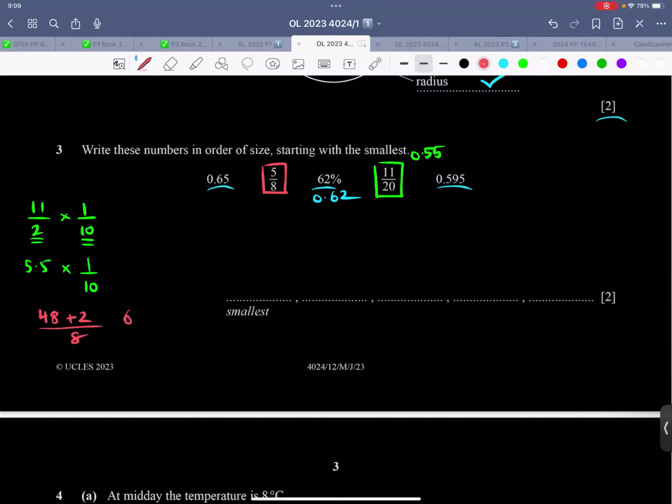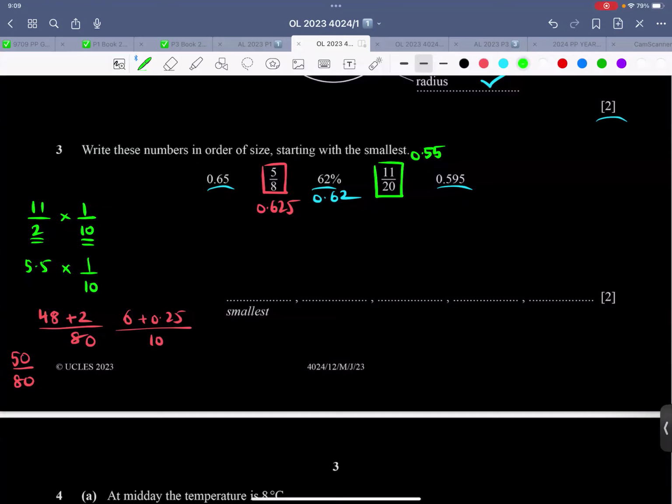And 2 over 8 is 0.25. So that means if I talk about decimal, this is 0.625. That's the working that I would do. So 5 over 8 is basically 50 over 80. That is the working I have done. So don't forget this 10 over here. So this is 0.625. Now, which one is the smallest?